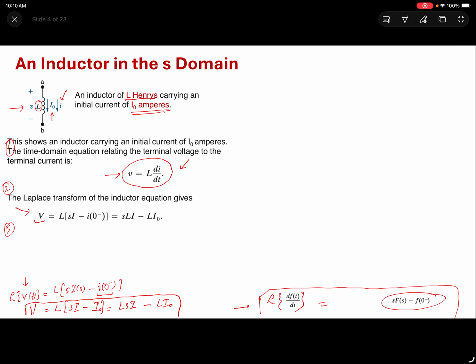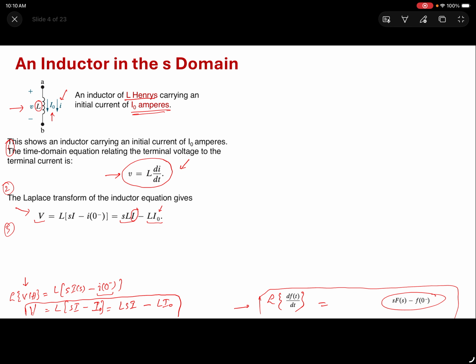On the right hand side, I'm going to have voltage representations. So for example, this is V, and here is your current I. This capital I was the S domain transformed signature of i(t), the time varying current, and this I naught is a constant.